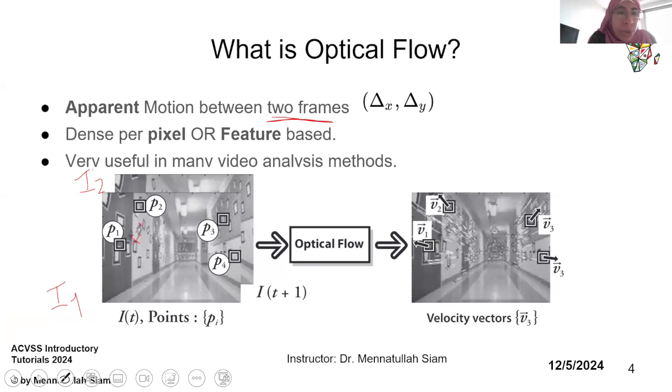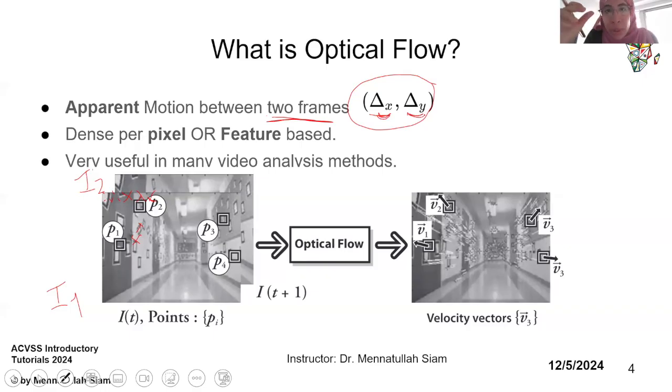So at certain key points, I'm estimating the flow, or you can do it dense, meaning for every single pixel I want to know how it moved. But we're only getting apparent motion in 2D. So we're only estimating this change in X, change in Y, the pixel coordinates.